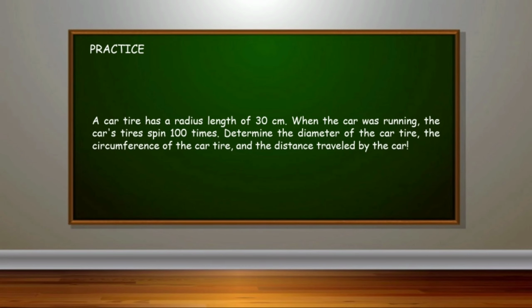A car tire has a radius length of 30 cm. When the car was running, the car's tires spin 100 times. Determine the diameter of the car tire, the circumference of the car tire, and the distance traveled by the car.